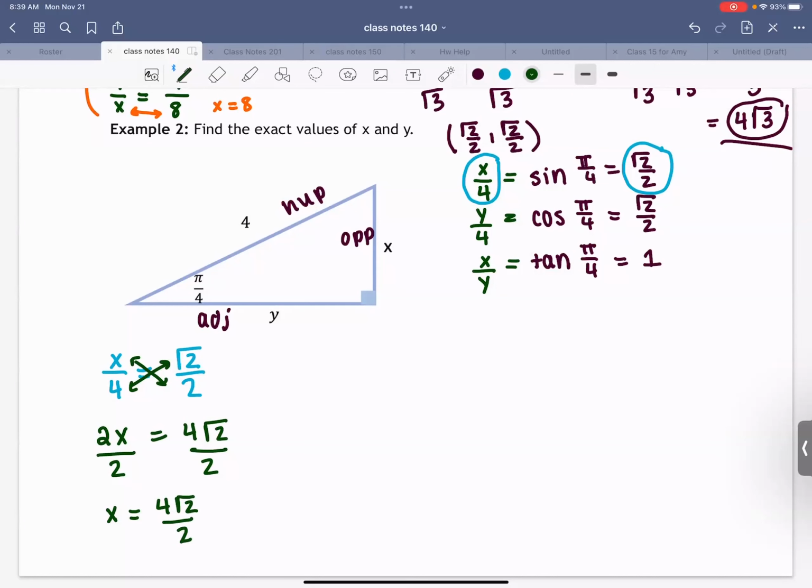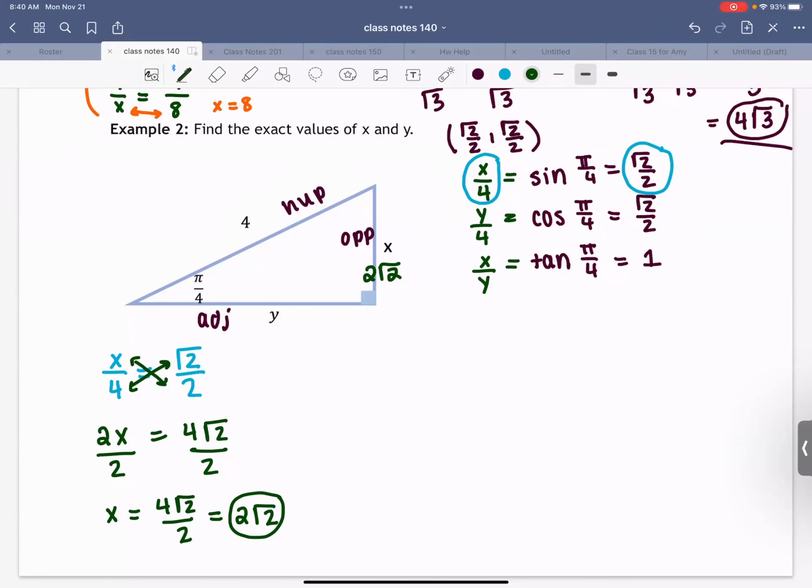There's a 4 and a 2, so if I divide them out, this is 2 times root 2. So my opposite side, x, is 2 root 2. Now, to find y, we do have enough information to use the Pythagorean theorem if you would like. I'm actually going to work with the cosine now because, well, why not?